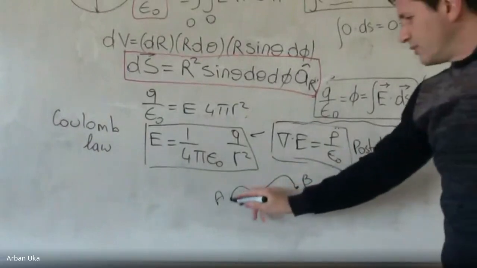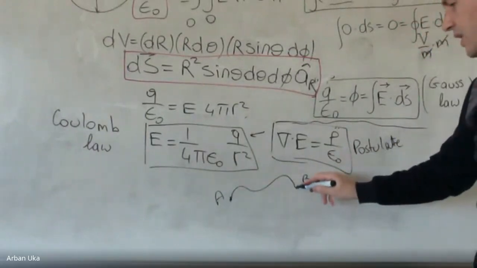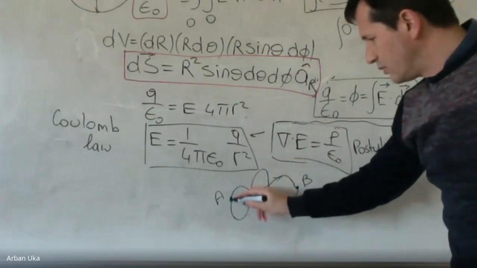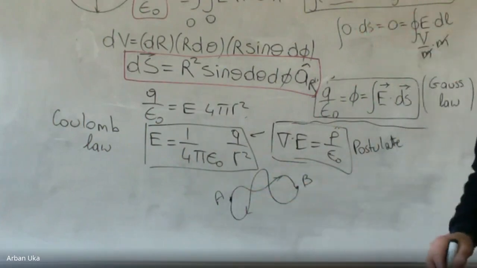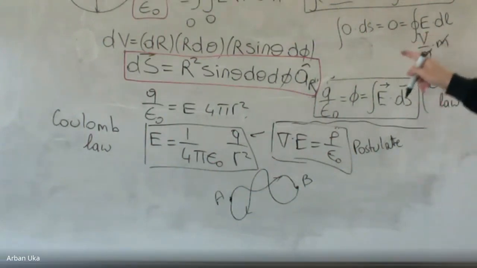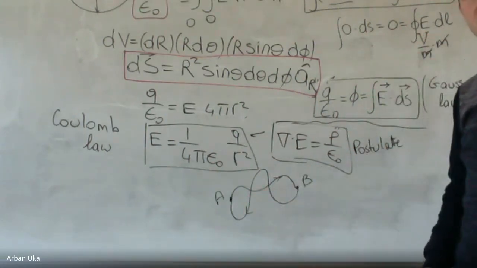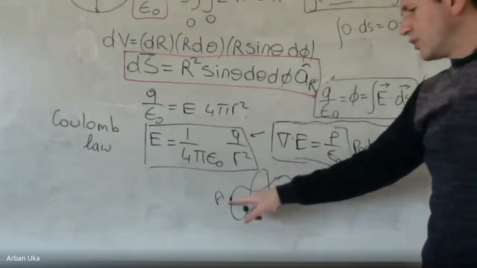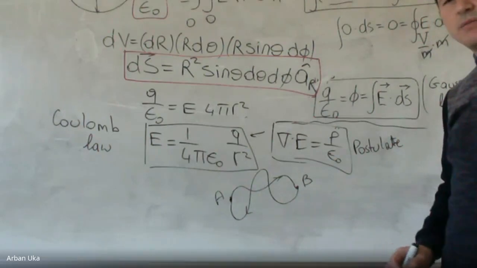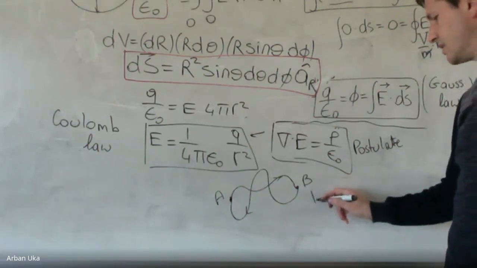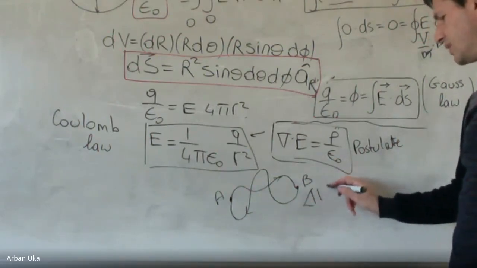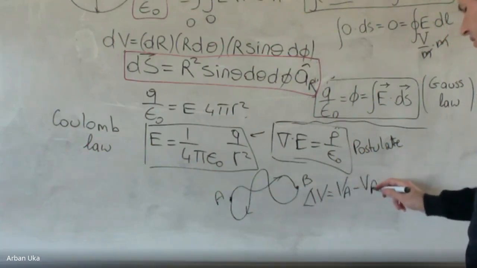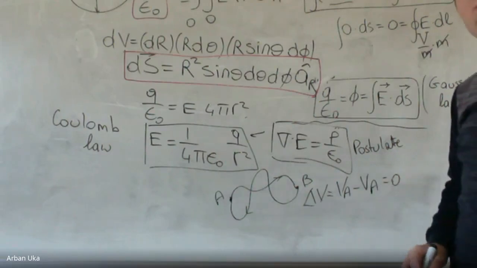Then if we go backwards to point A again, following any path of interest, we find that the potential difference is equal to 0. And this really makes sense. We start from point A, measure the potential difference all across, go back, and we should measure the same potential, which means that delta V, which is VA minus VA, is equal to 0.